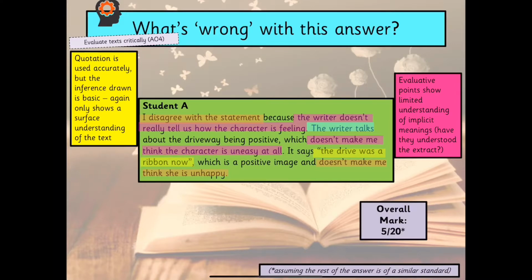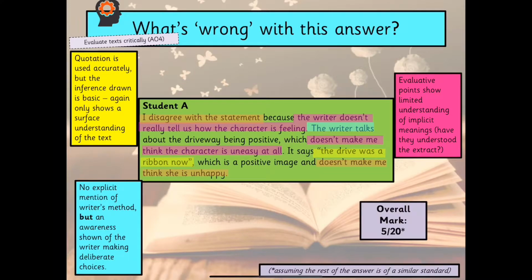That is actually quite a complex reading of the text, and this student hasn't really joined the two things together. So again, this is an example of a student who maybe struggles to read for implicit meanings or for metaphorical meanings. Once again, I did mention this earlier, there is an awareness that the writer has made a deliberate choice, but there is no explicit mention of what method is used.